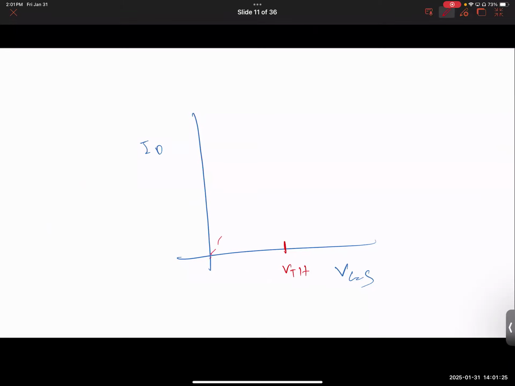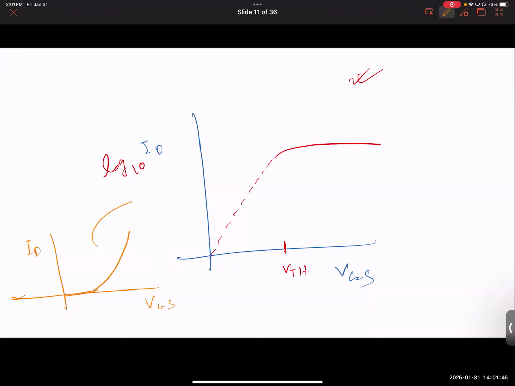And then up to VTH, there is almost like a really sharp rise, and then it tapers off. Basically, this is logarithmic representation. But the same graph, if you plot it in linear scale, looks like this, super simple. ID versus VGS. So they're essentially equivalent. All right, so just keep that in mind, okay?